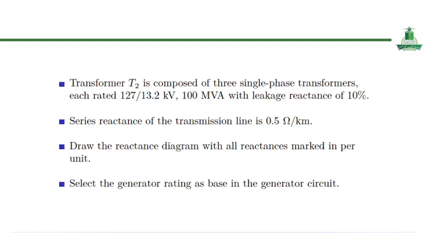So the key task in this slide is to construct the reactance diagram where all system components, including motors, transformers, and transmission lines, are expressed in a unified per unit system. So this significantly simplifies analysis, especially for fault calculations and stability studies by normalizing quantities across different voltage levels.